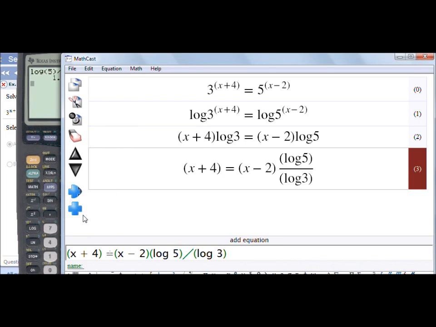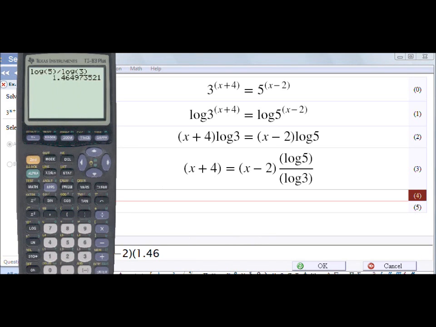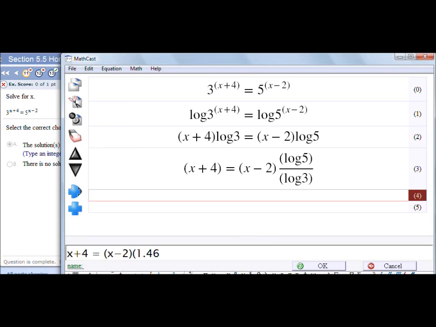And this will be x plus 4 is equal to x minus 2, and that's going to be multiplied by this 1.46497351.